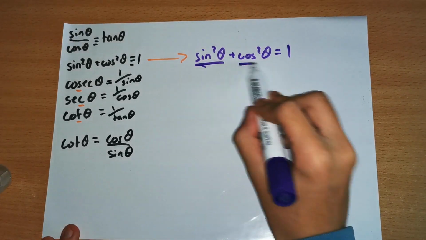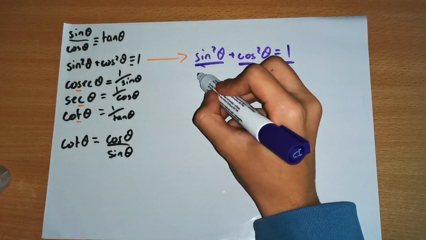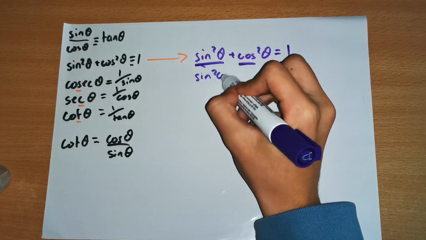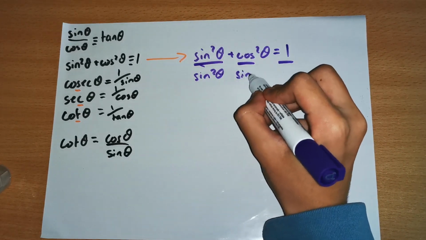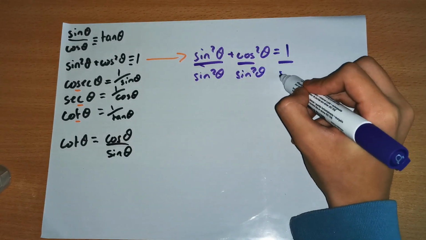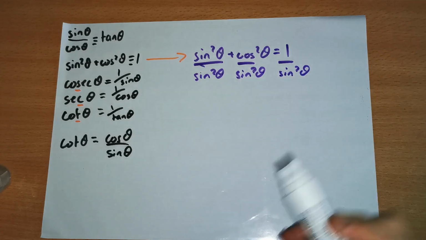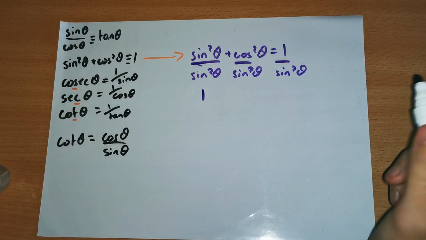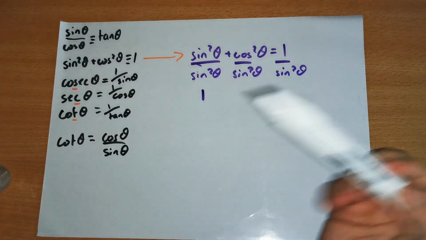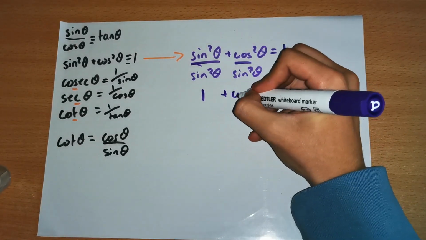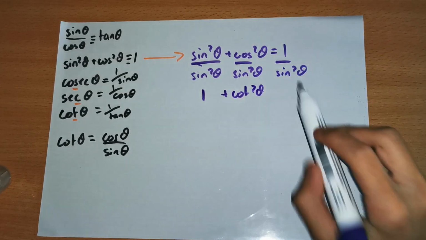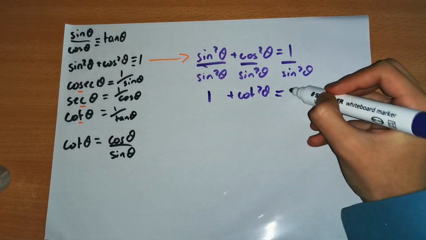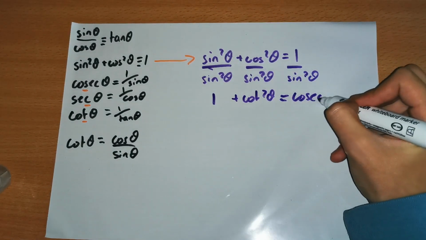So let's divide each term by sine squared theta. What do we get? Sine squared theta over sine squared theta is equal to 1. Cos squared theta over sine squared theta, well, we said that's cot squared theta. And 1 over sine squared is equal to cosec squared.